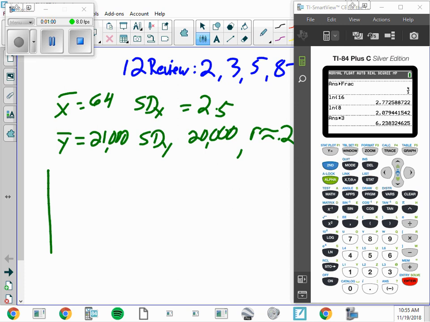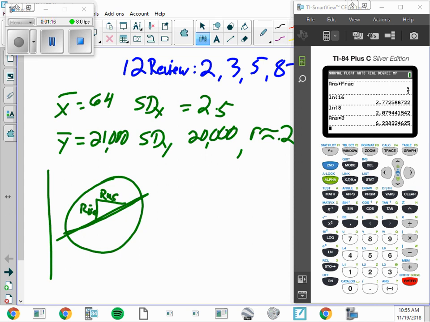So my data looks like this, and we want the regression equation that fits that data. So I need the slope. Slope is rise over run, and the rise is going to be the SDY times R, and the run is going to be the SDX.